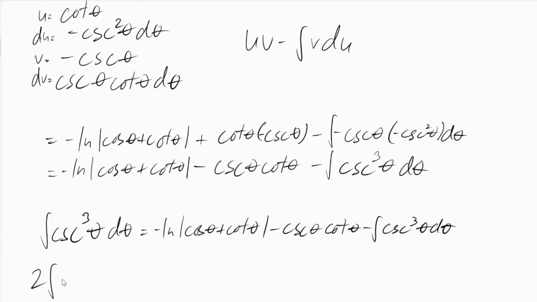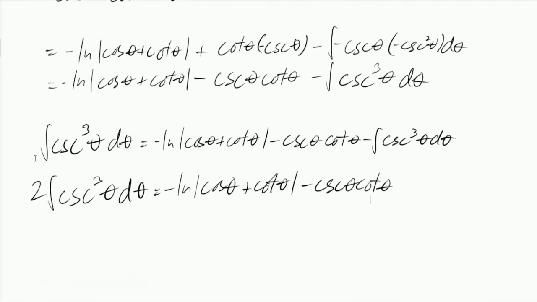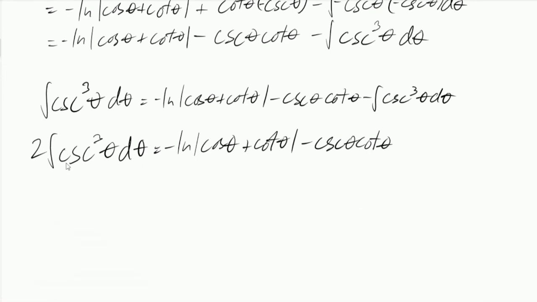So it's 2 times the integral of cosecant cubed theta d theta equals negative, and just copy. What we're gonna do with the 2 here is divide both sides by 2 to cancel out the 2 on top of that.